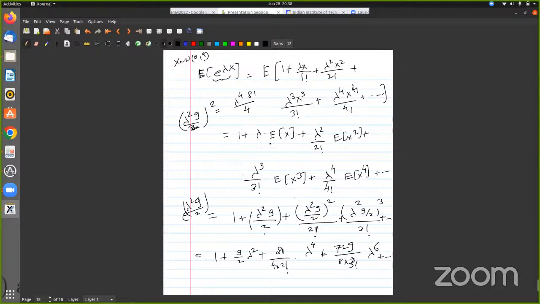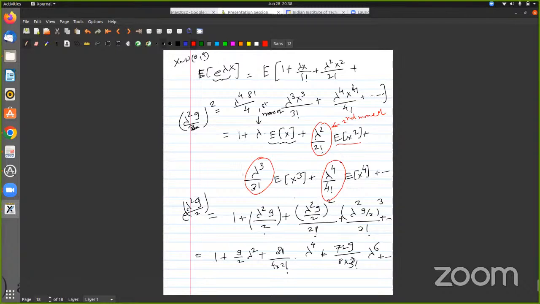The coefficient corresponding to the expectation of x. So this is my first moment. The coefficient corresponding to expectation of x square is my second moment. This is my third moment. This is my fourth moment. Correct?